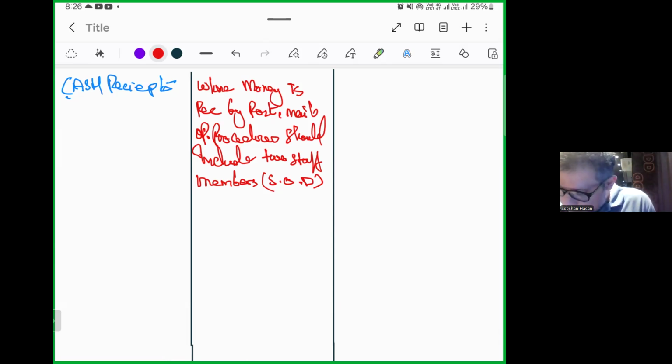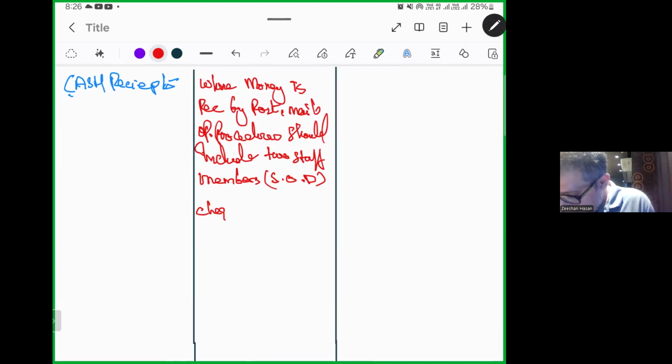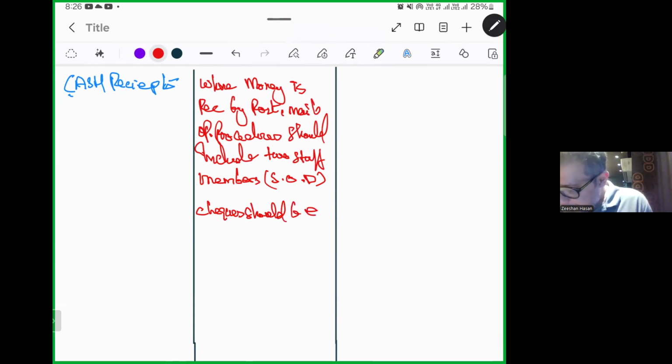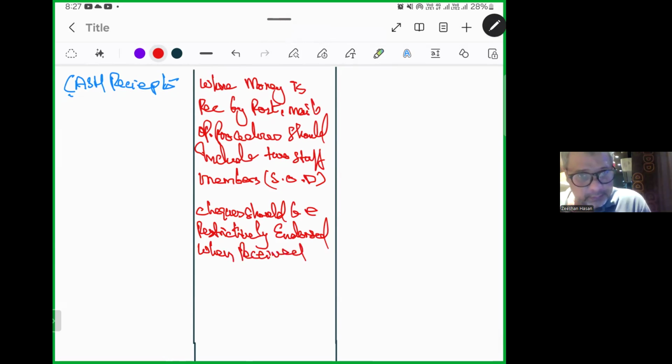Checks should be restrictively endorsed when received, and a pre-listing of receipts should be prepared.